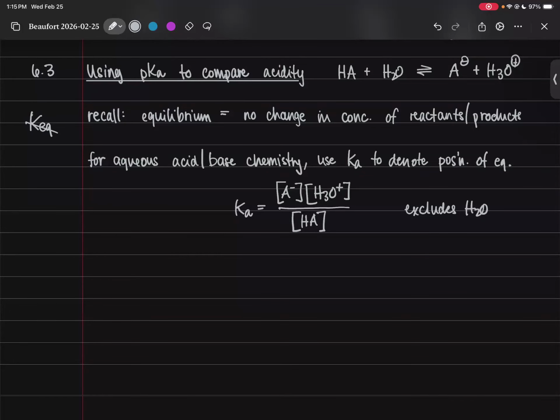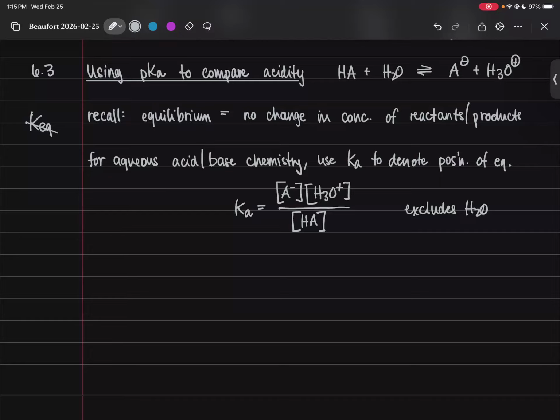And we ignore water because if we're in an aqueous solution, we have a crap ton of water, and so the concentration of water is always like 55 molar or something. It's really high and it really doesn't change. And so we just ignore it because chemists are lazy.